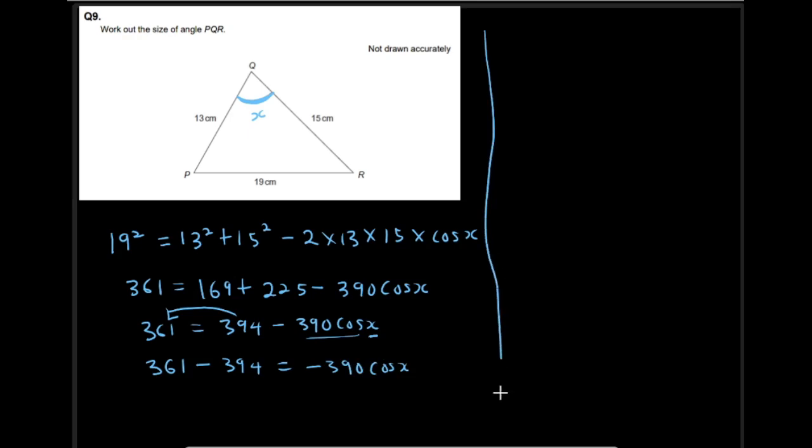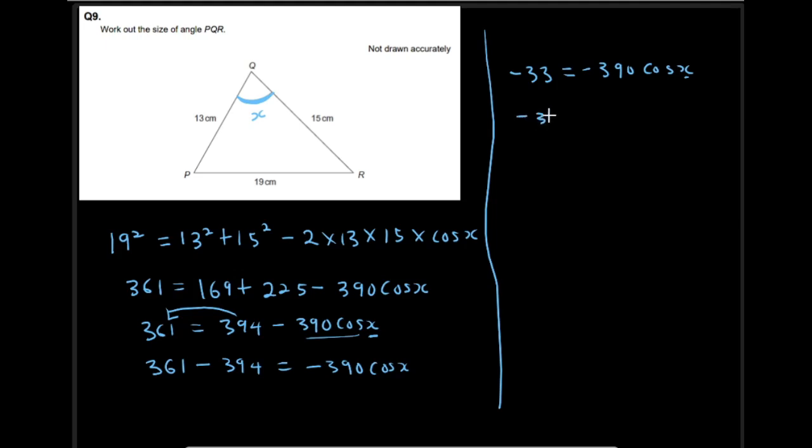Alright, so that will give us 361 minus 394. That will give us minus 33 equals minus 390 cos x. So to get x, we divide both sides by minus 390.